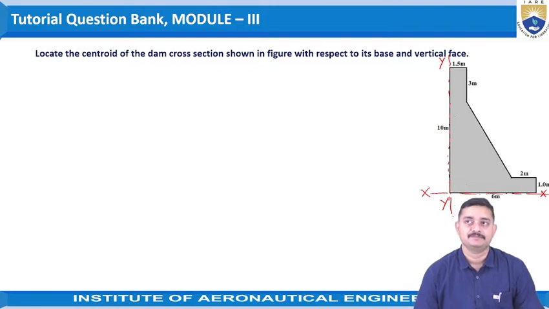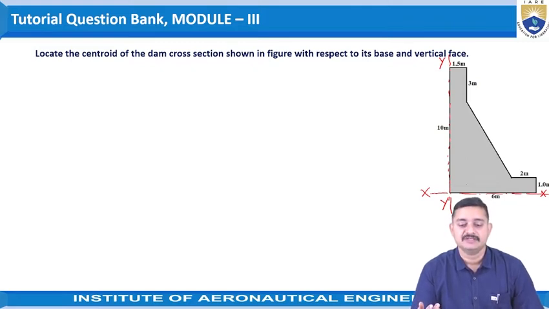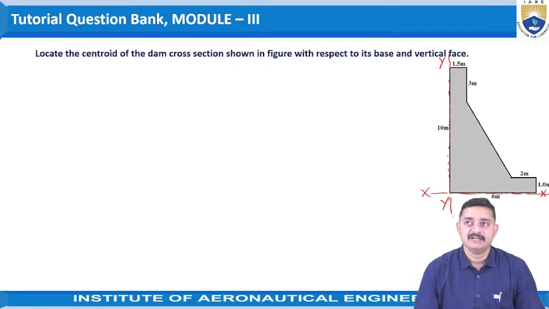Now, the given surface is not a regular surface. That means we need to divide it into known regular areas. In this figure, we can divide it into 3 parts by dividing it here, as one part and this as another part.